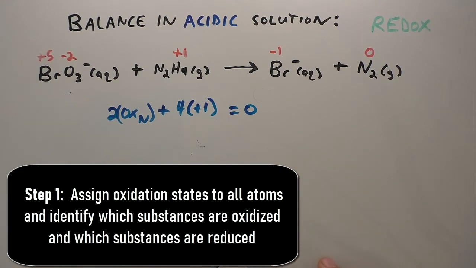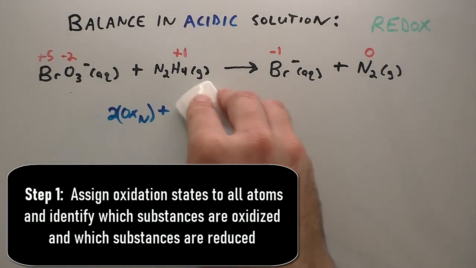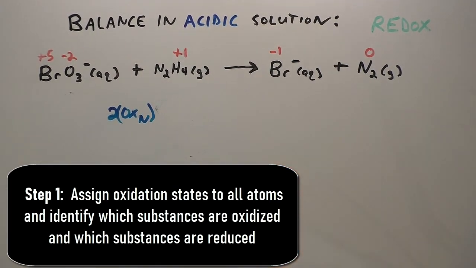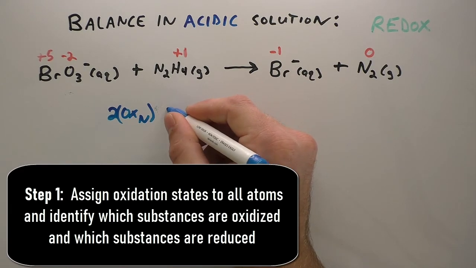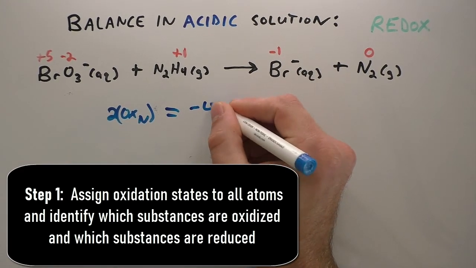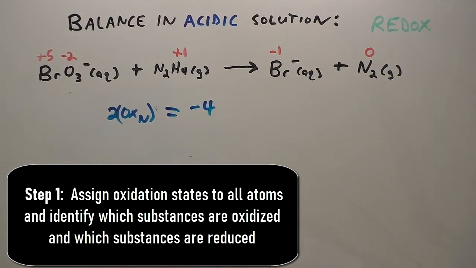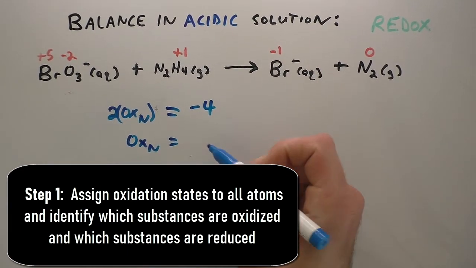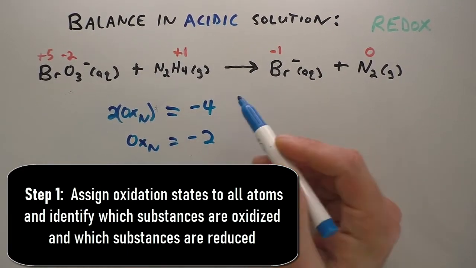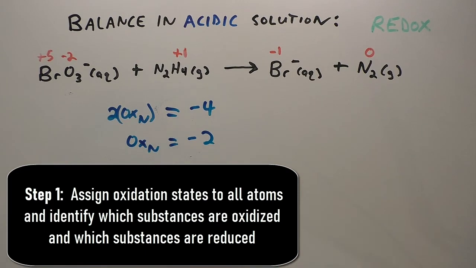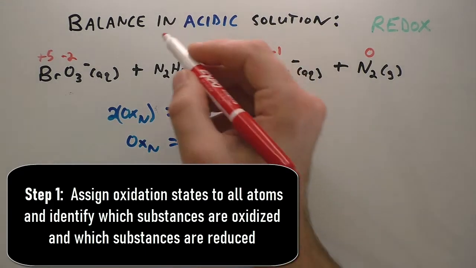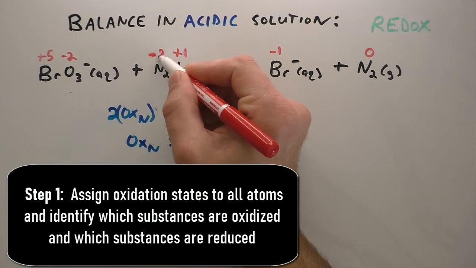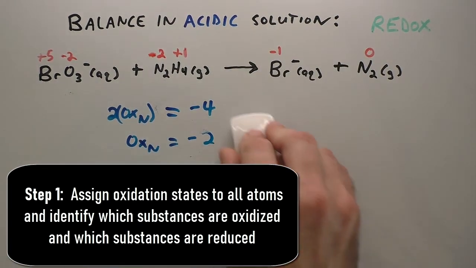If we subtract 4 from both sides of this equation, algebraically, we'll get that twice the oxidation state of nitrogen is equal to -4. And then finally, if we divide both sides of this equation by 2, we'll get the oxidation state of nitrogen is equal to -2, because -4 divided by 2 is equal to -2. So step 1 is pretty much almost done.